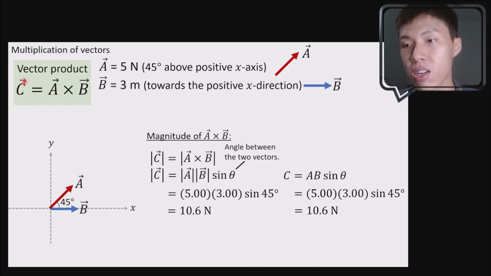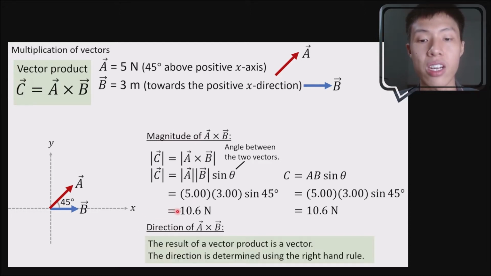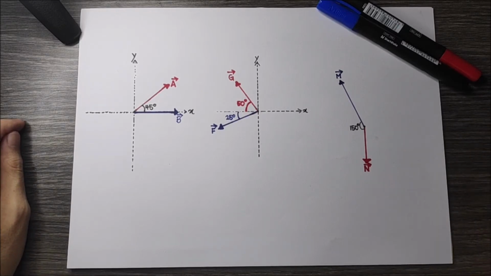But again, A cross B is a vector product. The result is a vector. So besides having magnitude, we should also have direction. But for the direction of A cross B, the direction is determined using the right-hand rule. So let's try to determine the direction of a vector product.